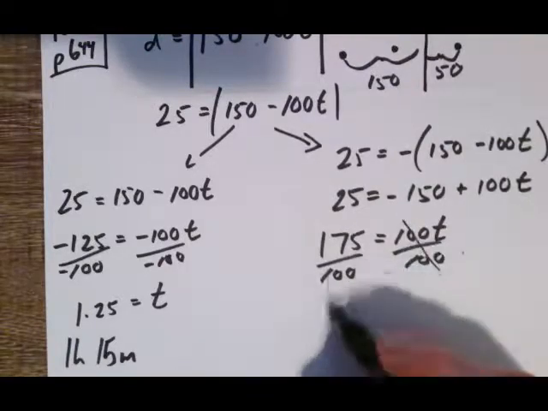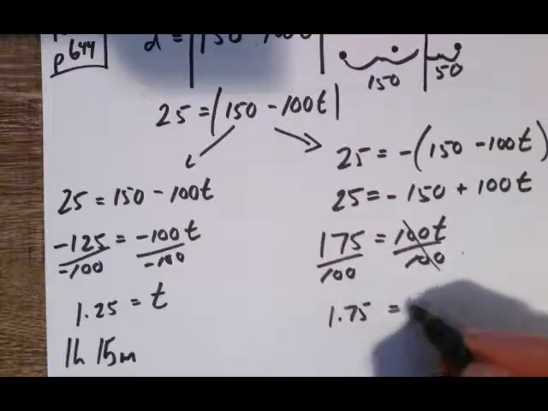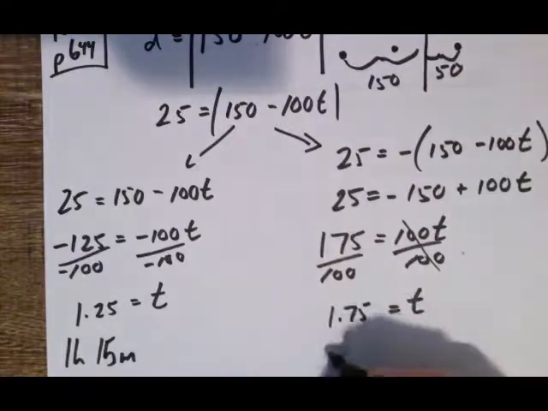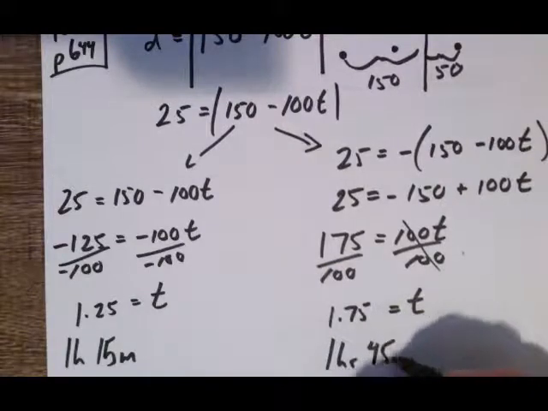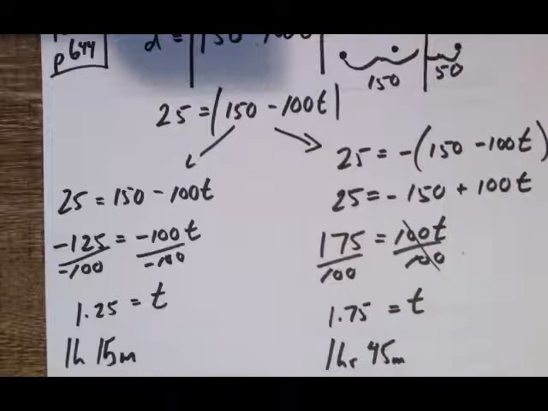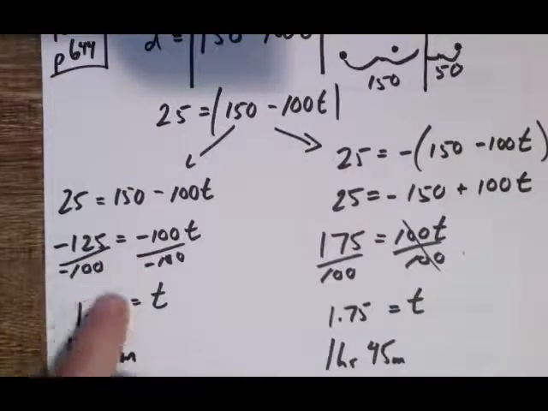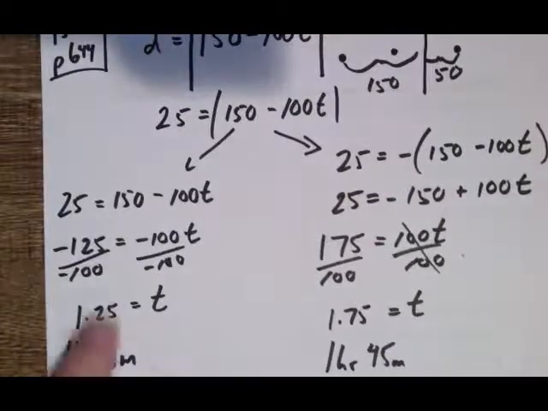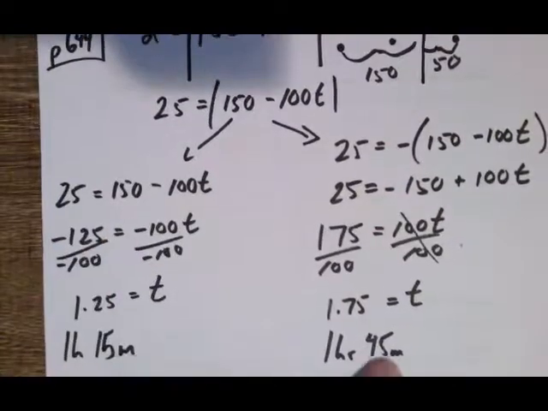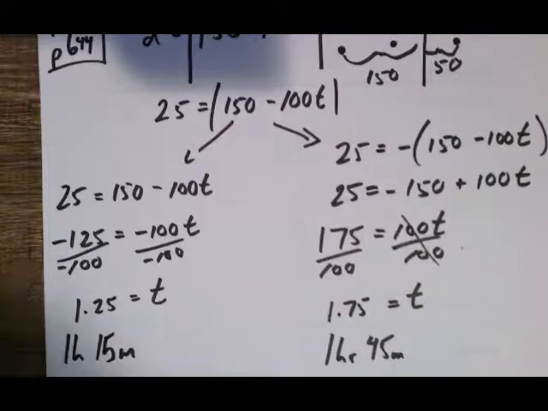So this is going to be 1.75 equals t, which means 1 hour and 45 minutes. So in an hour and 15 minutes, they're going to be 25 kilometers before the border. In 1 hour and 45 minutes, they're going to be 25 kilometers past the border. Not meters, kilometers, sorry. Does that make sense?